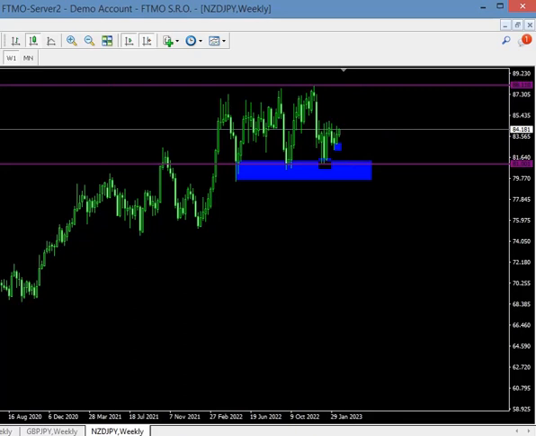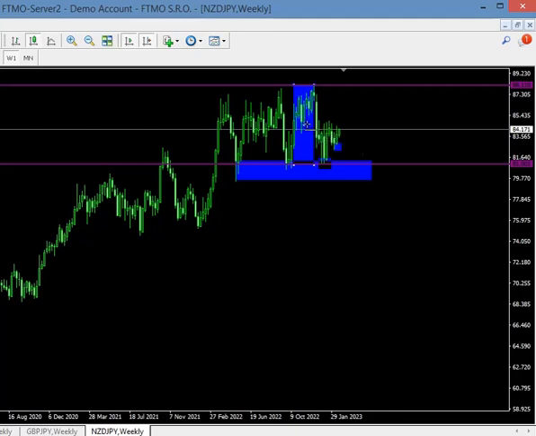But currently we have to, as always, measure the distance. Going to measure this distance from 81 to 88 level and mark the half.